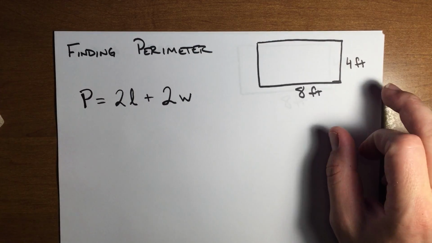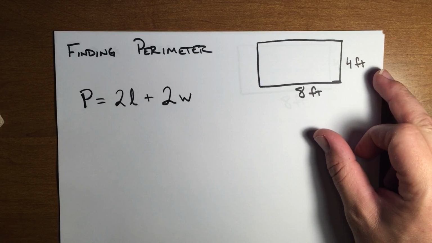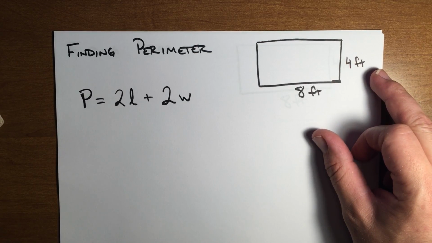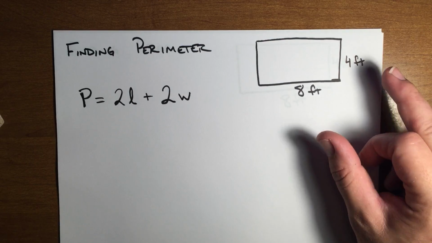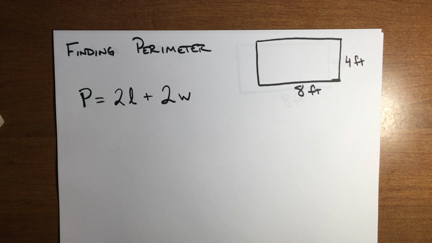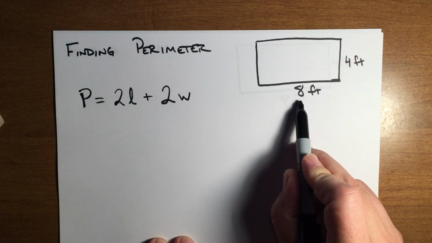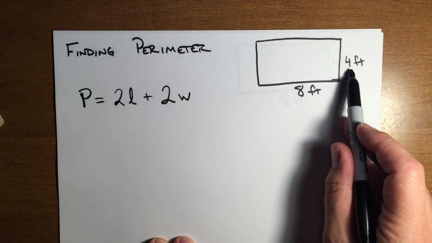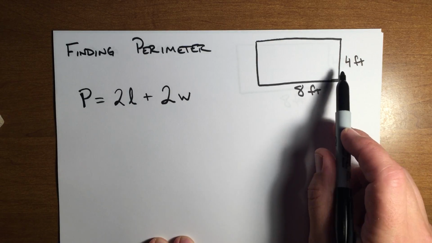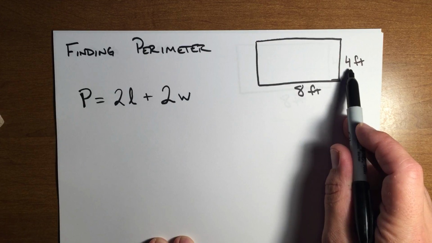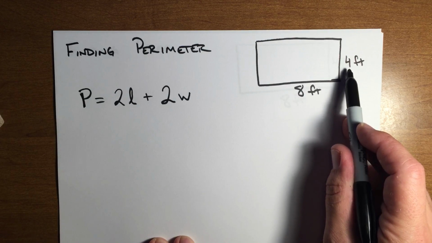Okay? And over here, I actually have 2 of these variables represented on this diagram already. So simply what I'm going to do is anytime that I find an L, because my length is 8, I'm going to replace it with an 8. And anytime I find a W, I'm going to replace it with a 4 because my width is 4.